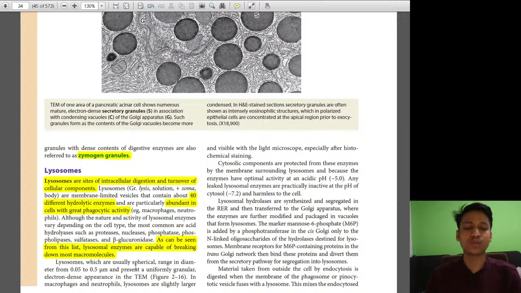Lysosomes, which are usually spherical, range in diameter from 0.05 to 0.5 micrometers and present a uniformly granular, electron dense appearance in the TEM. I don't think we need to remember the appearance of the lysosomes.